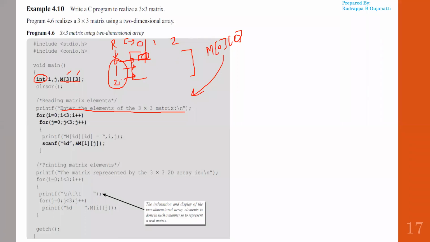If you want to observe some other element, say row 1 and column 2, this will be specified as M of 1 and 2. That is the row 1, column 2 element which falls over here, so this will give you that element.